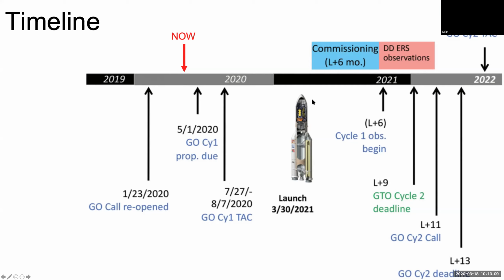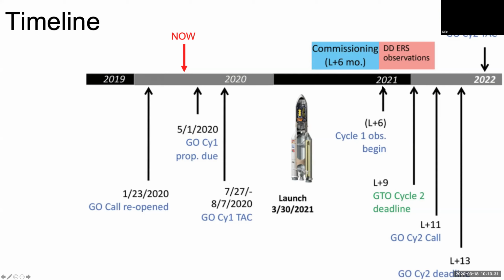Launch is March 2021. Cycle 1 starts about October 2021, so 6 months after launch. And here what's not shown is that the TAC result will be announced, I think in mid-August 2020.